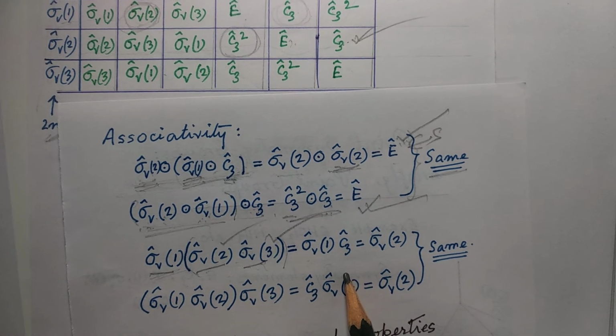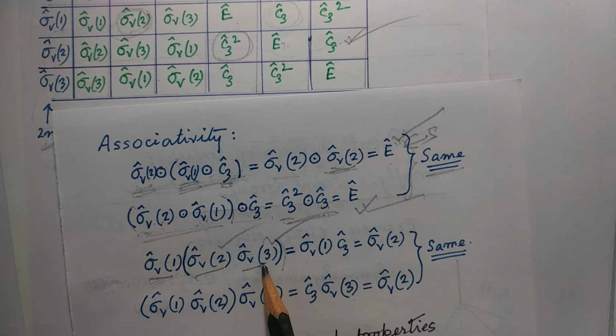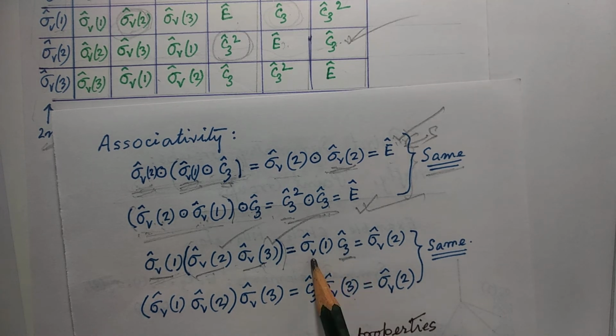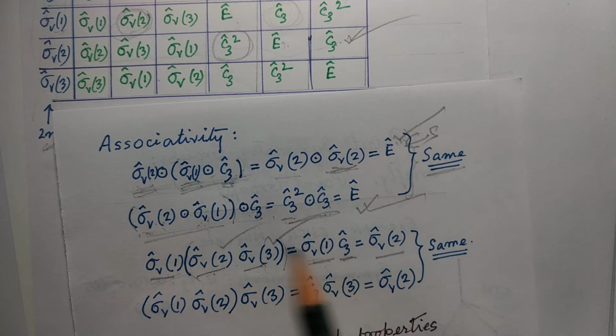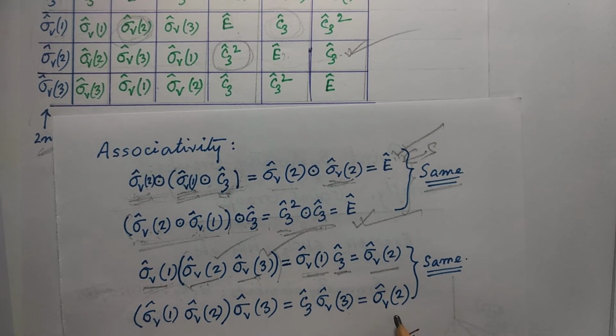Sigma v3 followed by sigma v2 is C3, and C3 followed by sigma v1 is sigma v2. That can be obtained from that table.